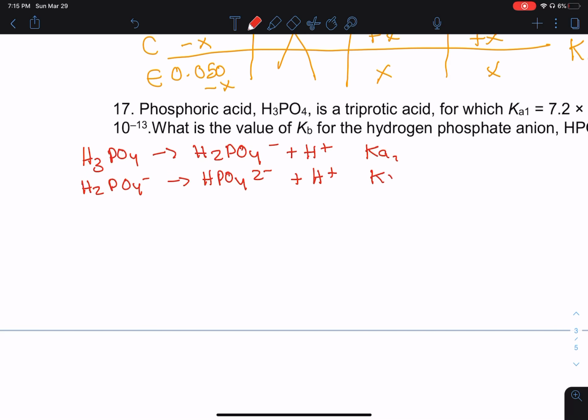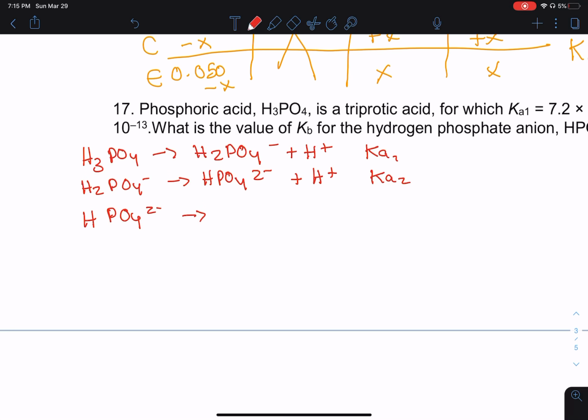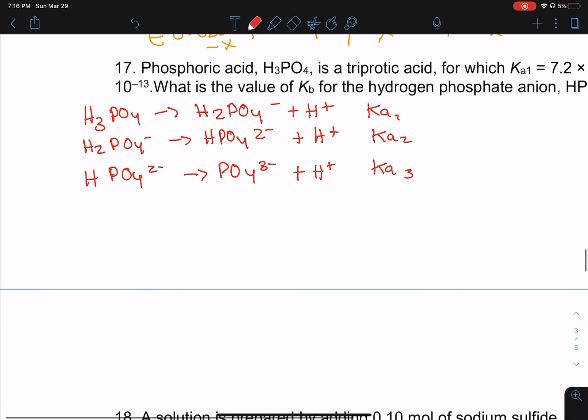That will give us Ka2. Then we go HPO4 2 minus, that will give us PO4 3 minus plus H plus, and that will be Ka3.